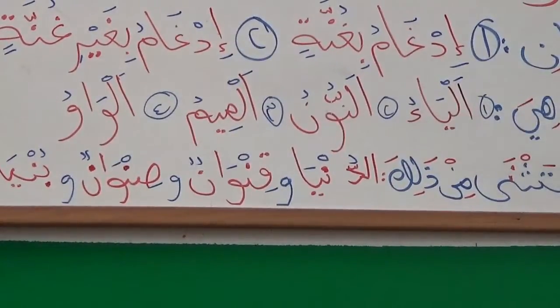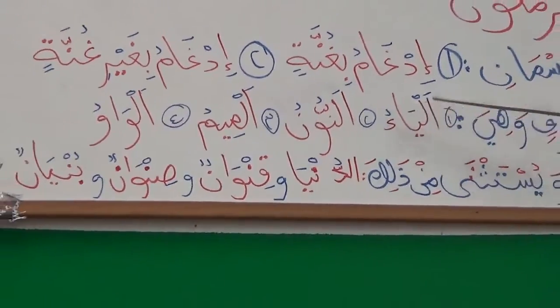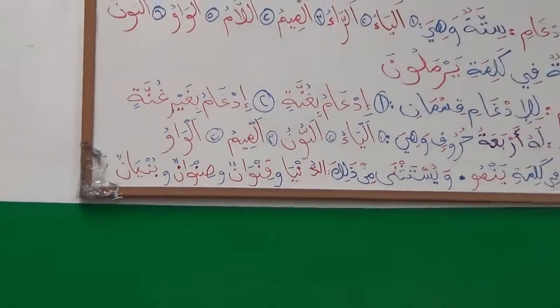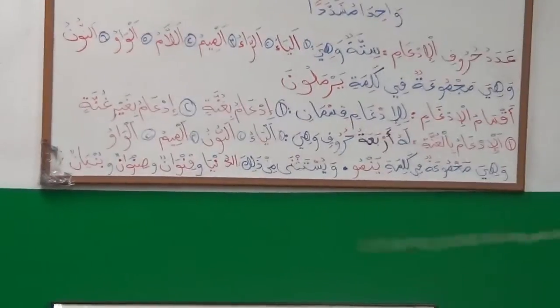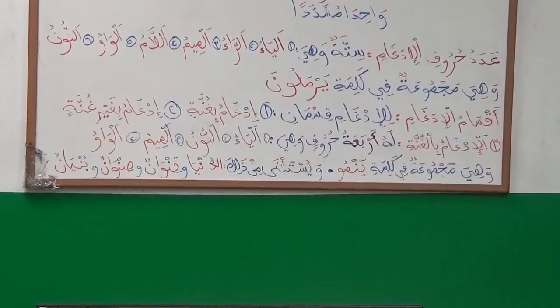So of these 6 letters, we took 4. Next week inshallah we will do al-idgham bighayri ghunna. Even before next week, how many letters does al-idgham bighayri ghunna have? 2.